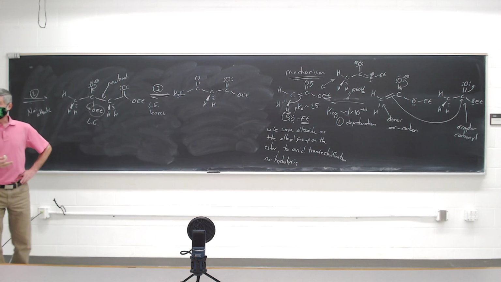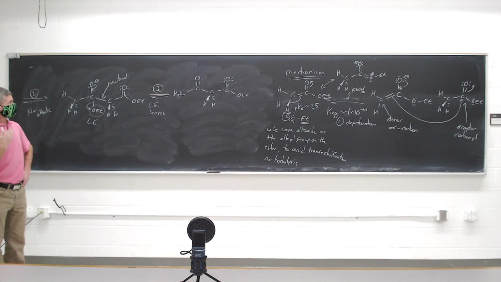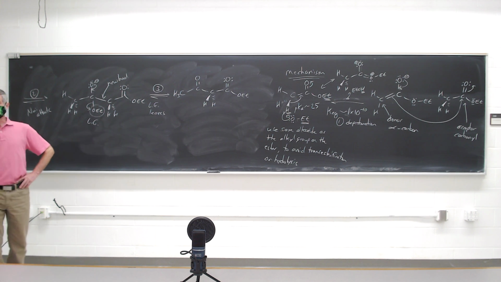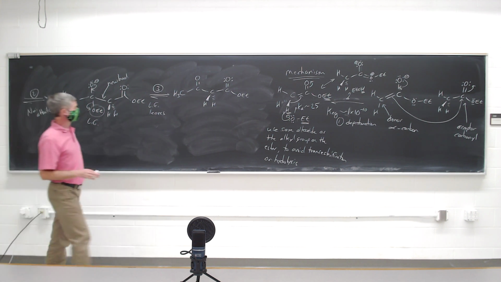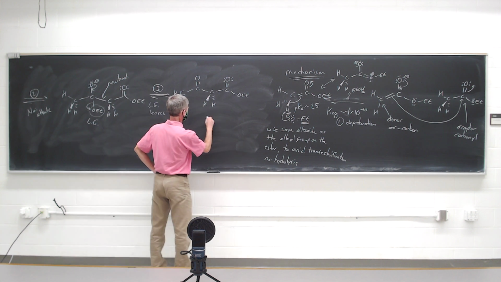That is, in fact, the final product that we're looking for in the Claisen condensation, but it's not the final step in our base. Because we just kicked out ethoxide ion.